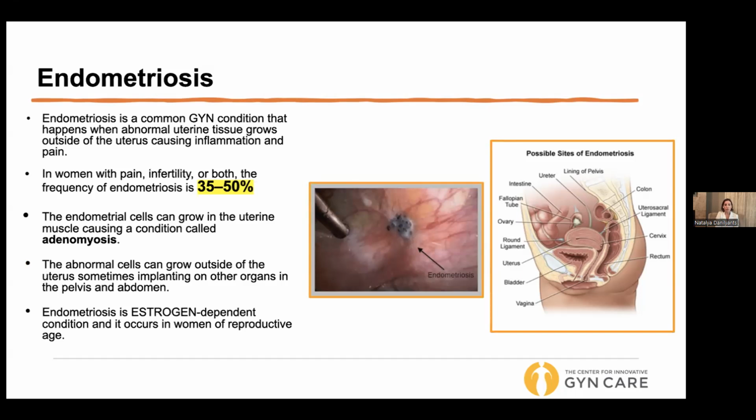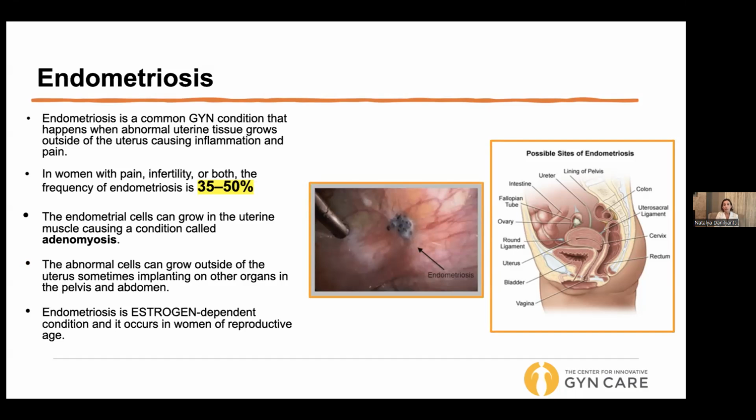The endometrial cells that grow in the muscle of the uterus cause adenomyosis. So again, that's endometriosis of the muscle of the uterus. And then outside of the uterus is endometriosis. Sometimes it can grow in the bowel, in the bladder, even the upper abdomen, like the diaphragm, and can be on the appendix.